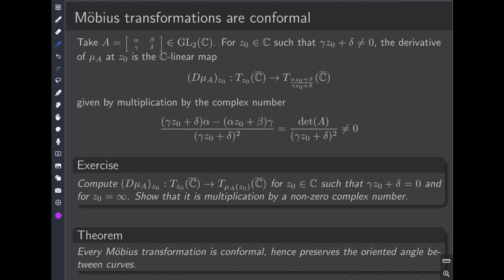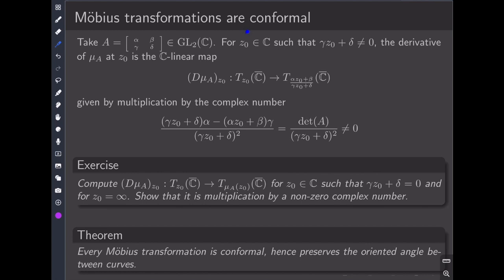And it turns out that the tangent plane has the structure of a complex vector space, dimension 1, and the derivative is simply multiplication by this non-zero complex number. The derivative at the point, and multiplication by a non-zero complex number preserves angles.